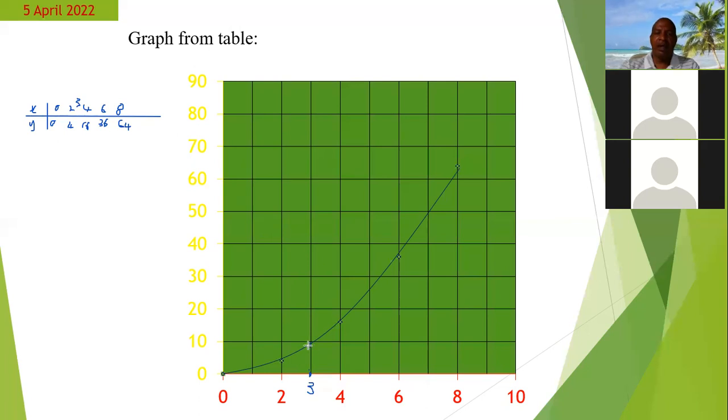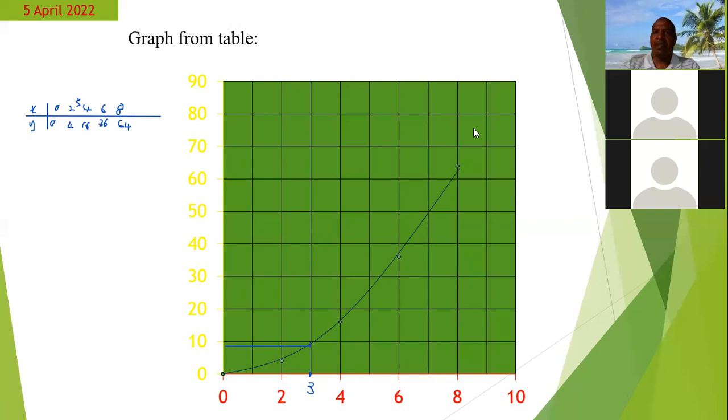The Y value would end up somewhere around here, which would be 9, right? Now, using a curve to determine values between the values on the table, we call that process interpolation. All right.